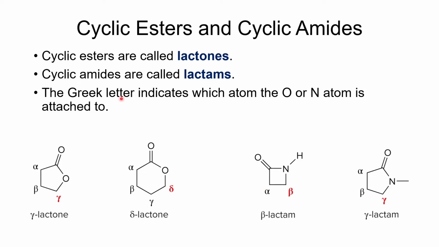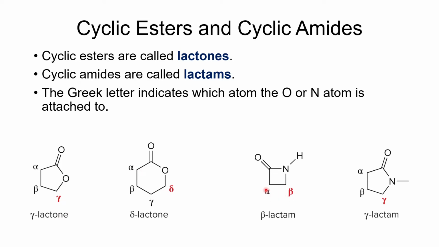One thing I'll mention is that you can tell what kind of lactone or lactam it is based on how many carbons you have to have between the carbonyl going around to the other linkage, in this case the oxygen, and over here the nitrogen. So if there's 3, it's a gamma lactone, so this one's a gamma lactone. If it's 4, it's a delta lactone.